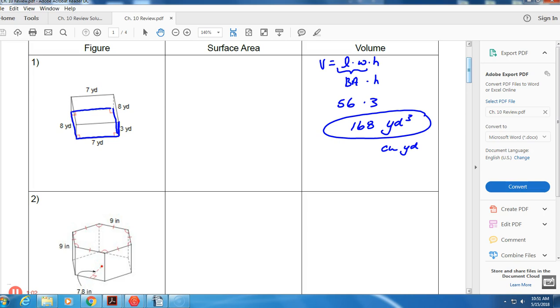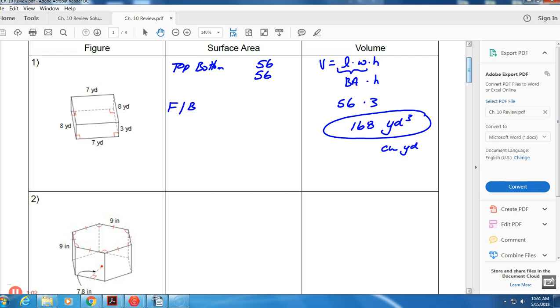All right, surface area is going to be a little bit tougher, and I just do it old school, and add up all my sides. First I'm going to do the top and the bottom. I have 56 for the top and 56 for the bottom, 8 times 7. Then the front and the back.